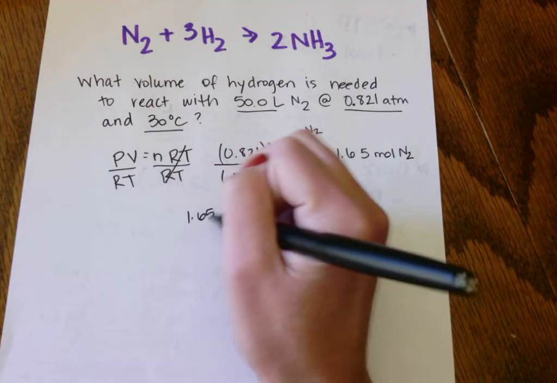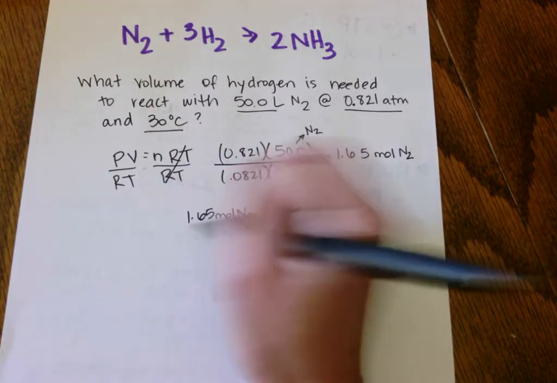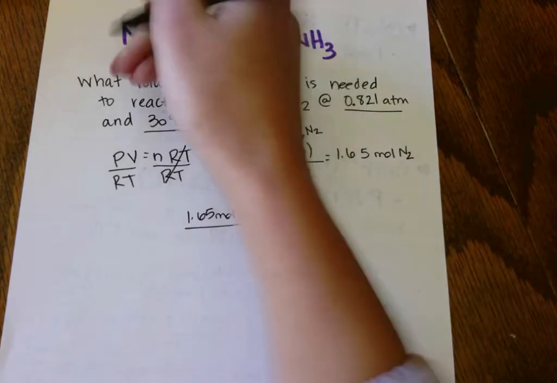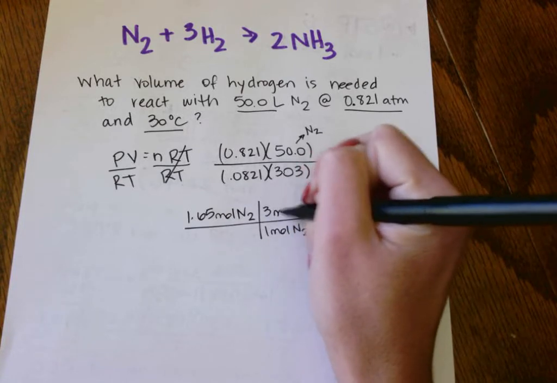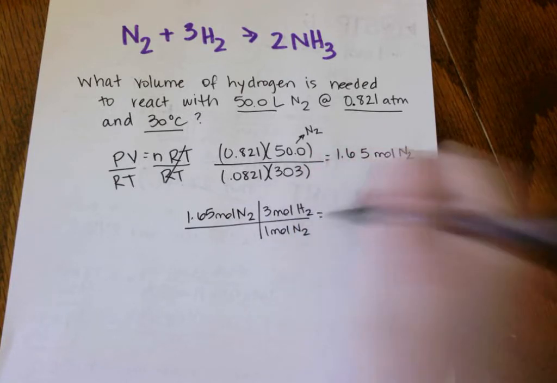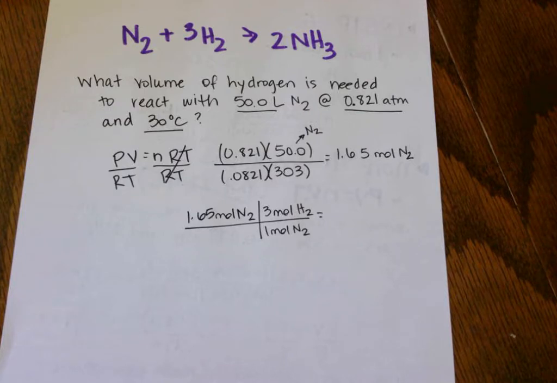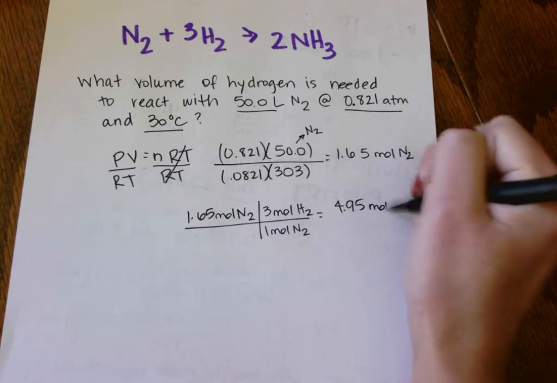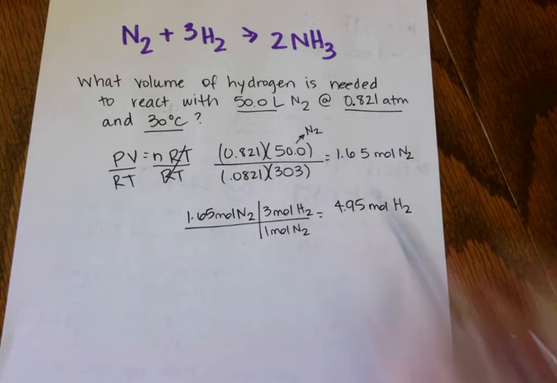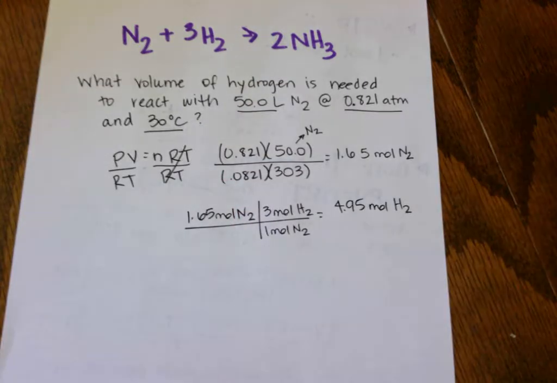So 1.65 moles of nitrogen is in a 1 to 3 mole ratio with hydrogen. So 1.65 times 3, right, is 4.95 moles of hydrogen that you're going to be reacting stoichiometrically with that nitrogen.